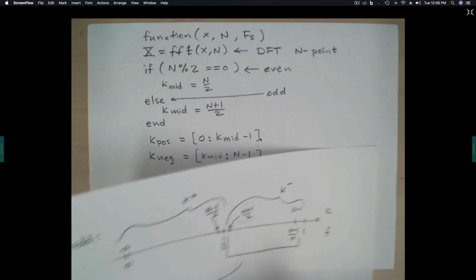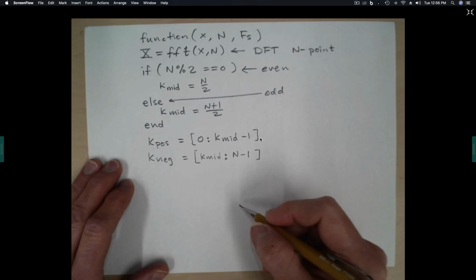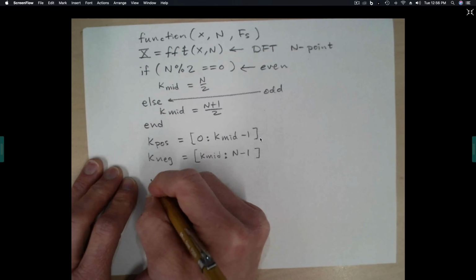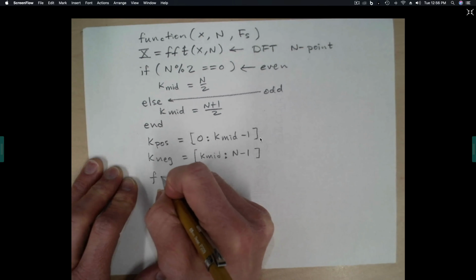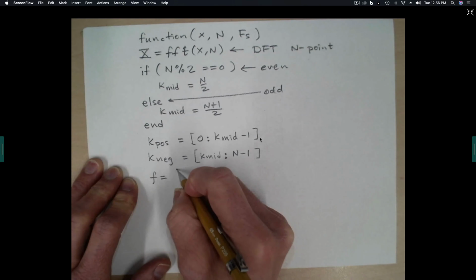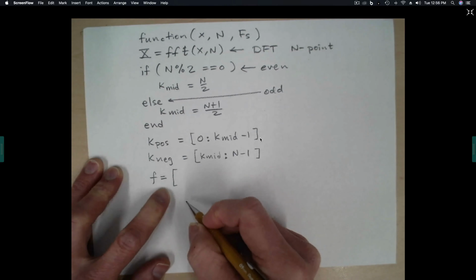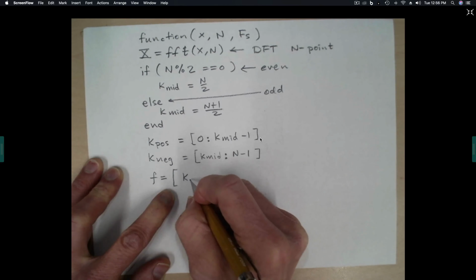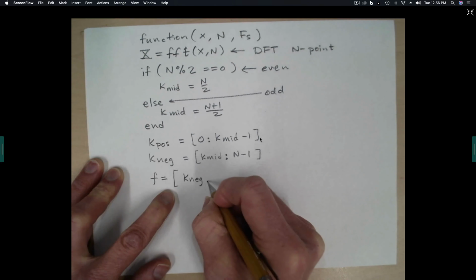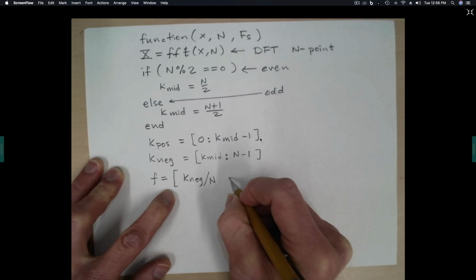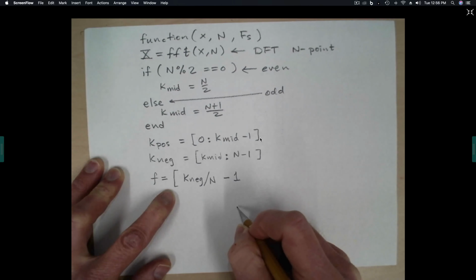So it looks like this will work for both cases. Next, we can declare our normalized frequency vector. We're going to put the negative frequencies on the left. So I'll say k negative divided by n, and then we have to alias, so we'll subtract 1.